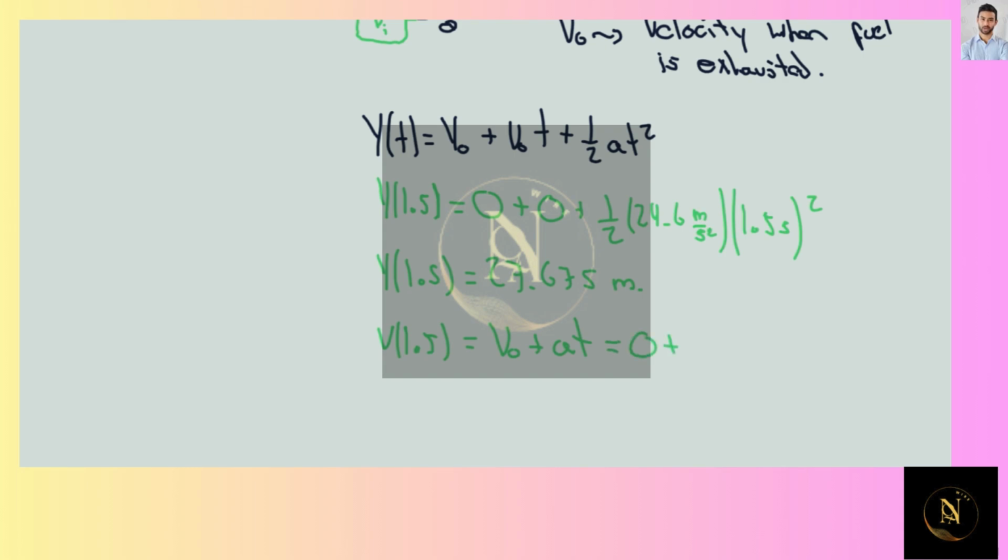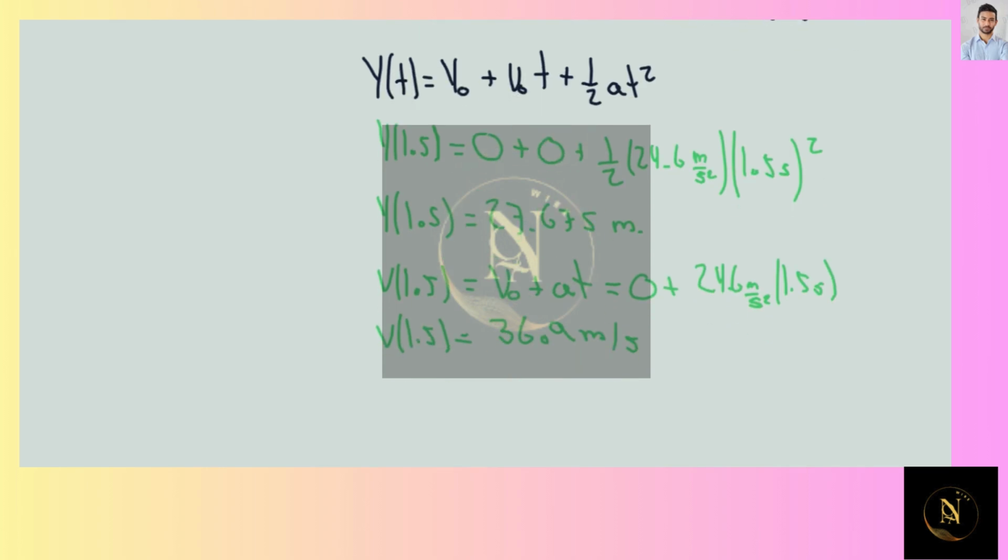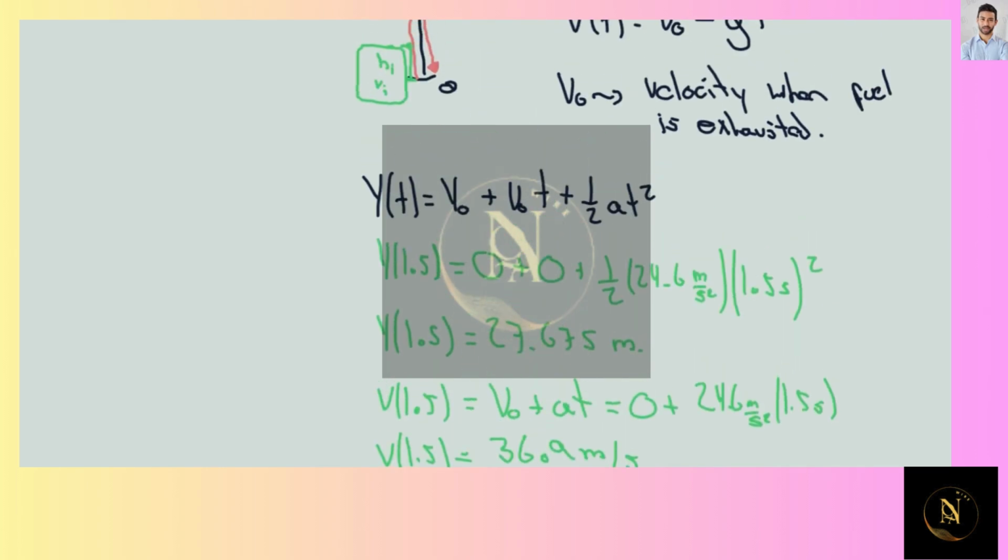The acceleration is going to be 24.6 meters per second squared times 1.5 seconds. So the velocity at this point is going to be equal to 36.9 meters per second. So now, this is the first portion of the movement.